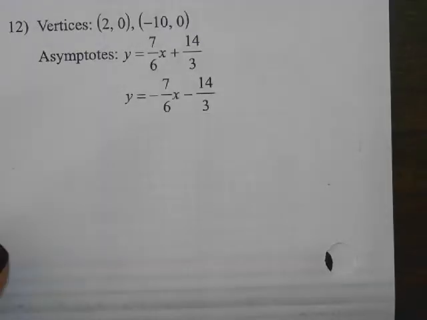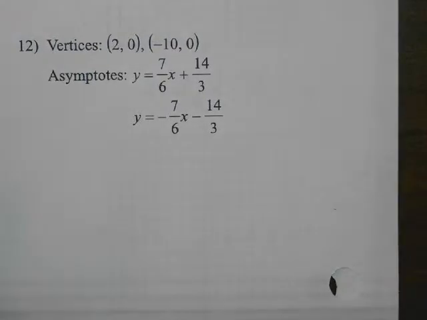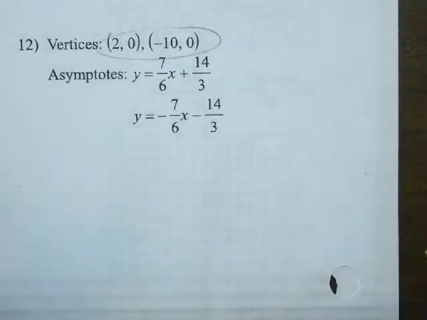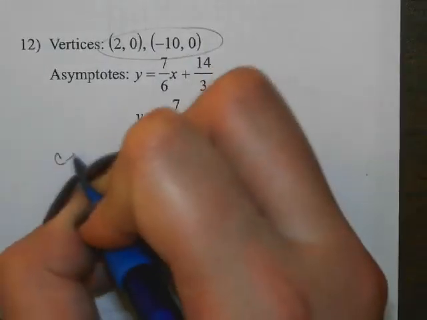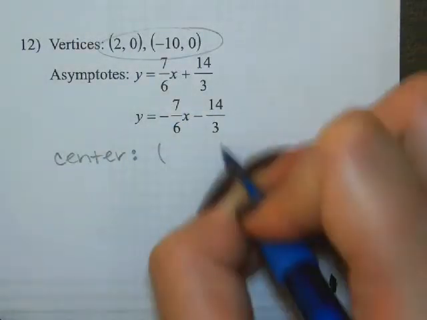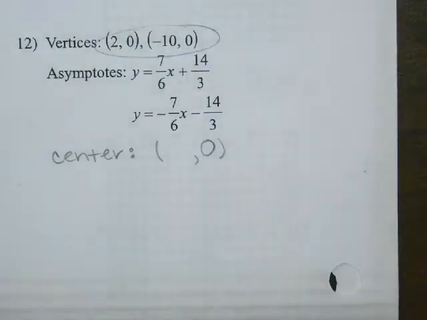12. Let's do 12. Because it has the asymptotes. All right. So, there's the vertices. We need to find our center. I think the y-coordinate of the center is 0. I feel pretty safe saying that.